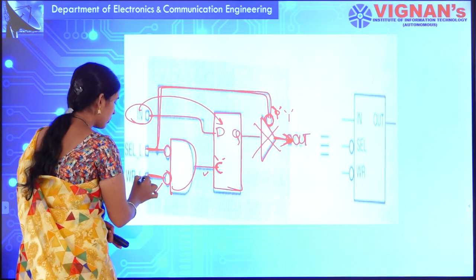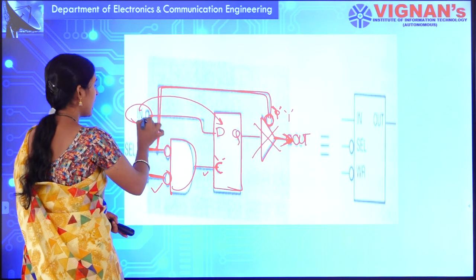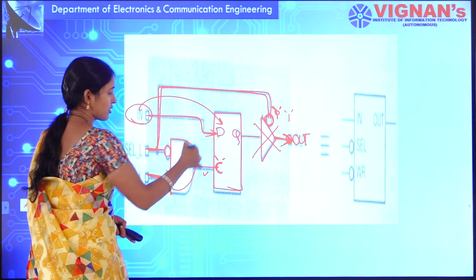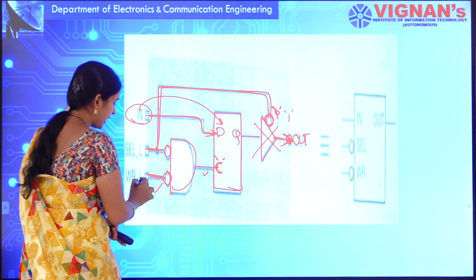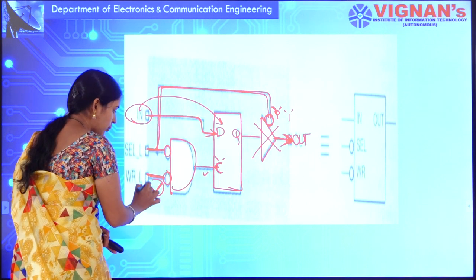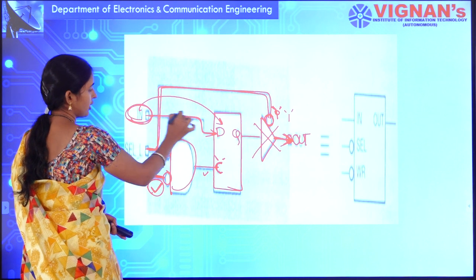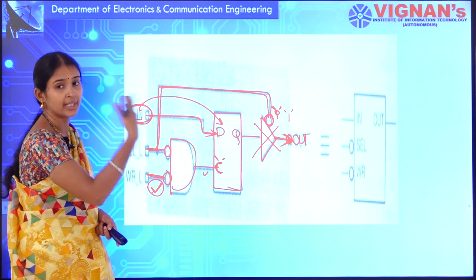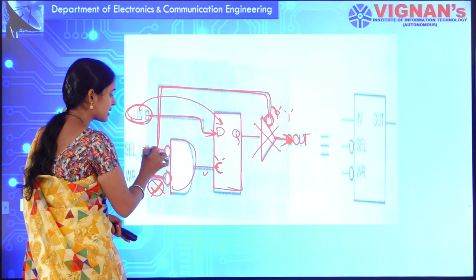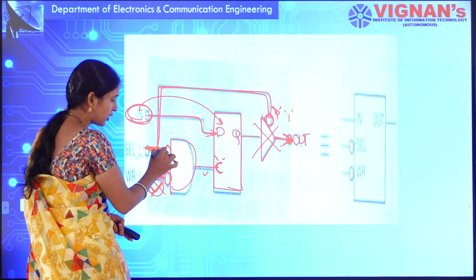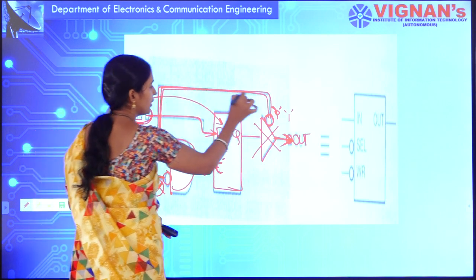Here you have the selection input and write enable input as well as the input to the D latch. If you want to write the data, you enable the write enable input and input lines, whatever the data. If you want to read the data, you disable write enable and make the selection line 0, so this pin will be activated.